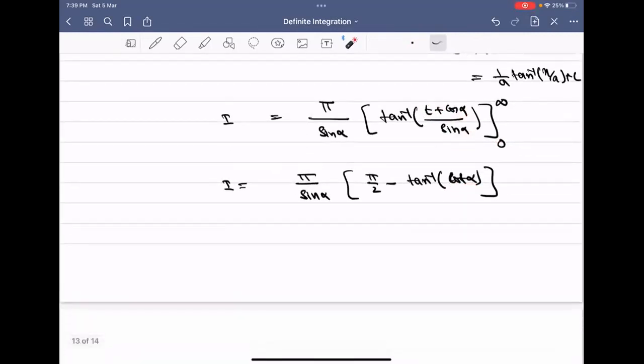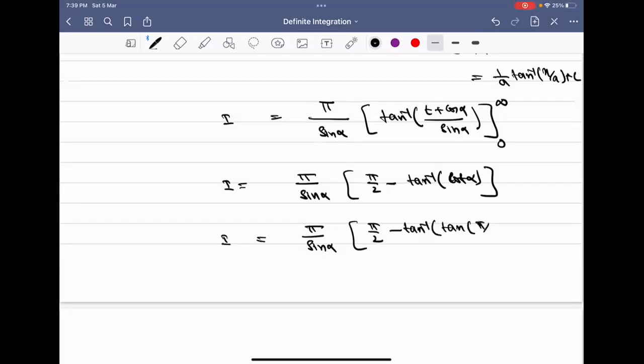Now I is equal to pi over sin alpha into pi by 2 minus tan inverse cot alpha. This cot alpha can be written as tan of pi by 2 minus alpha.